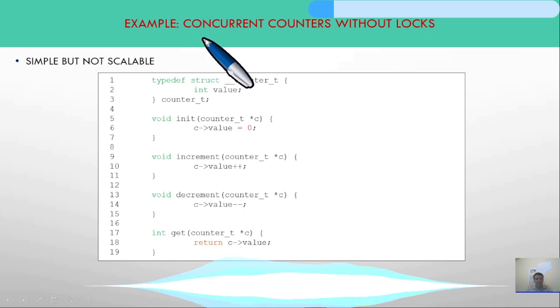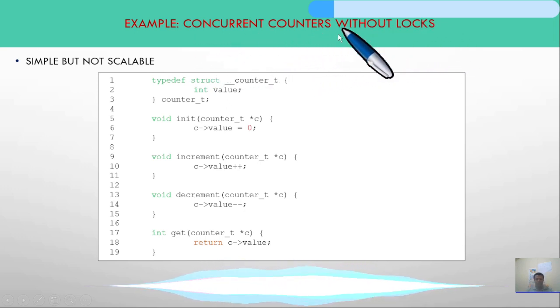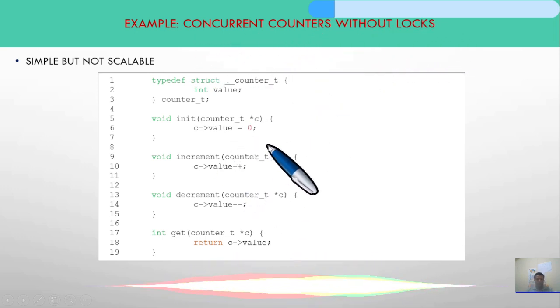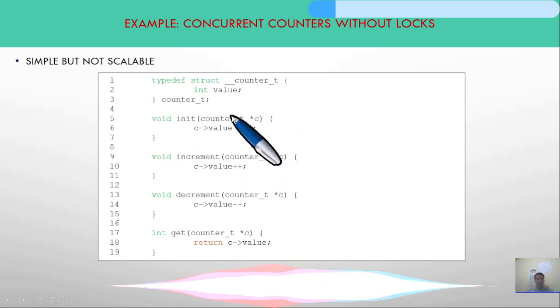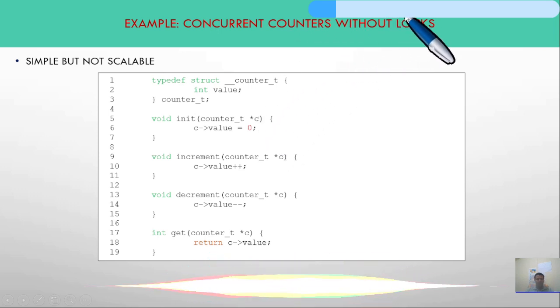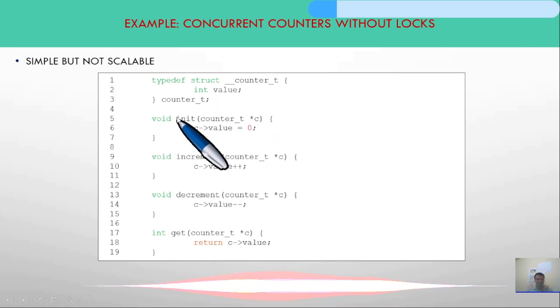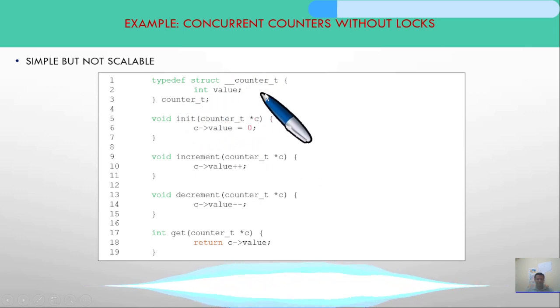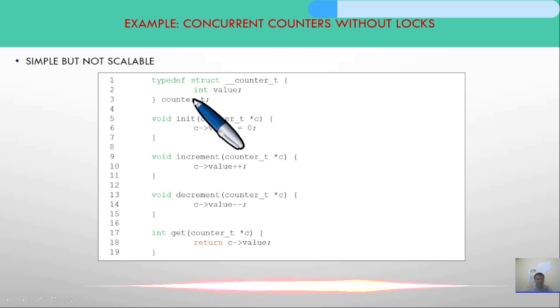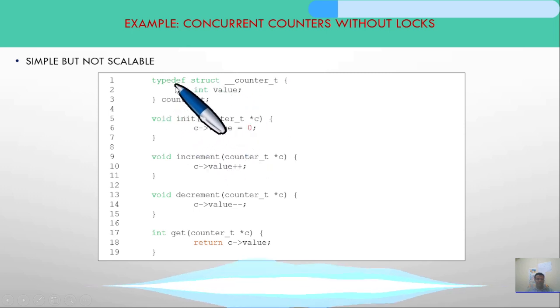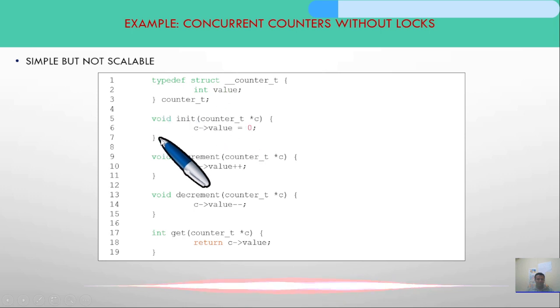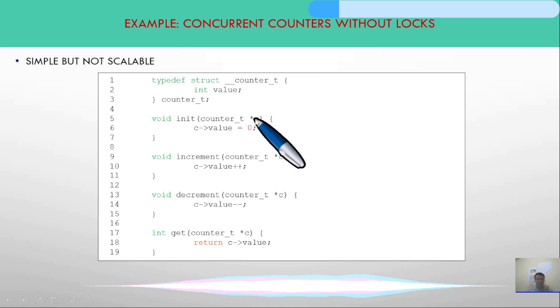So the first one is the concurrent counter without locks. This is one of the solutions, but the problem is that this counter without locks is simple but not scalable. As you can see here, we have the counter_t with int value.